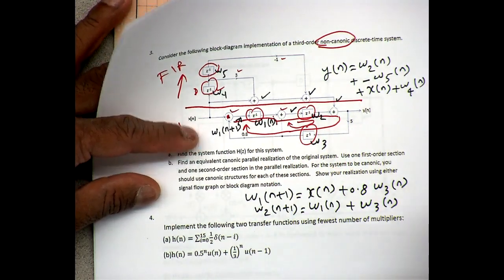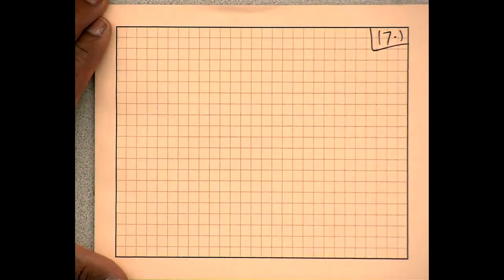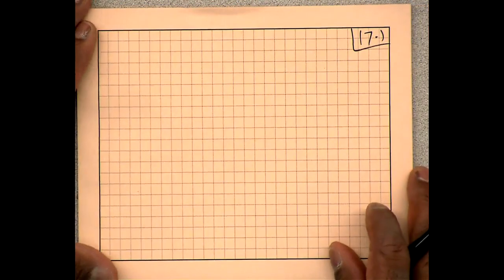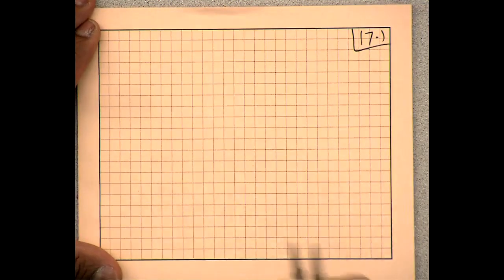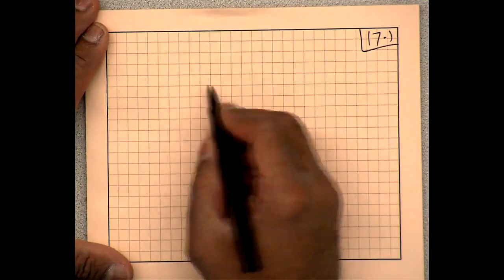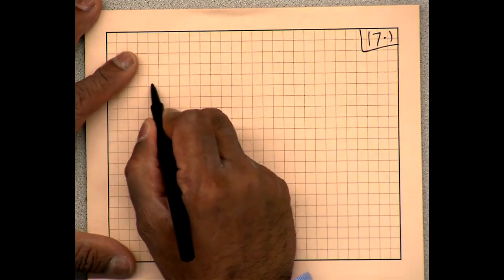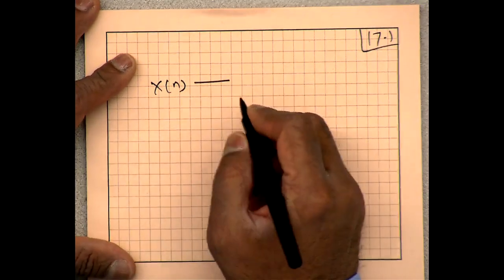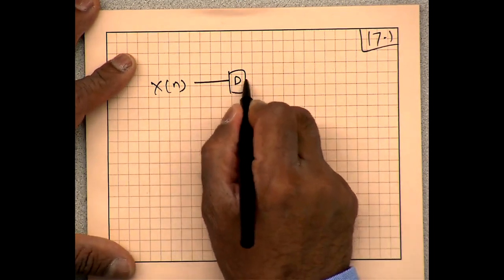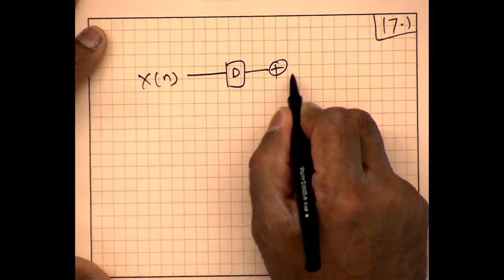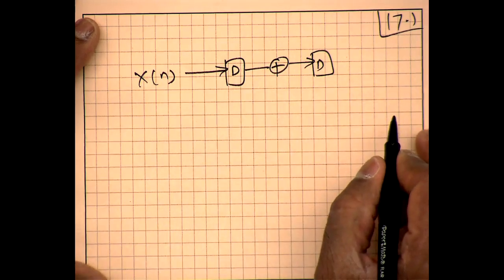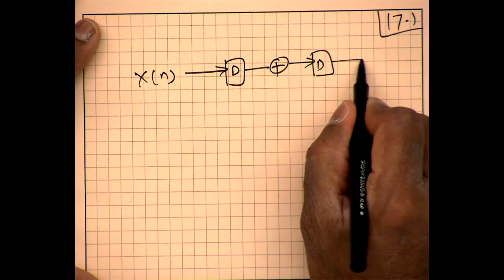So let's try to find the transfer function of the feedback part first. Let's not worry about the FIR part. What I have here is Xn. If I try to redraw what we have, there is a delay here and an add and a delay. Delay or z to the power minus 1 are all the same, so don't worry about those things.